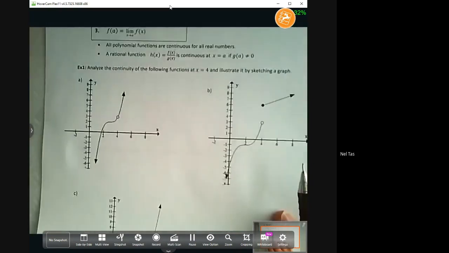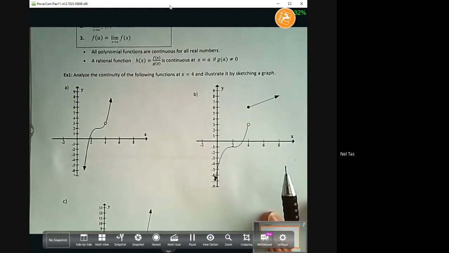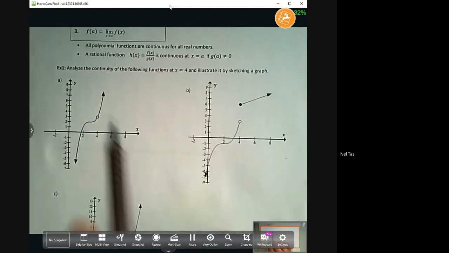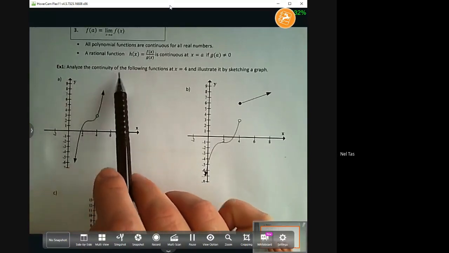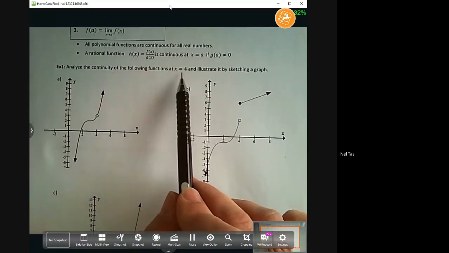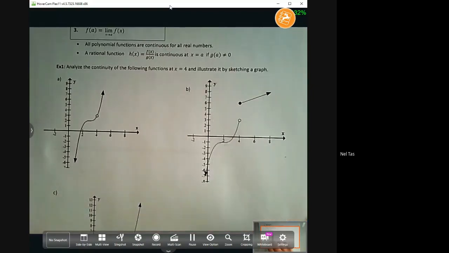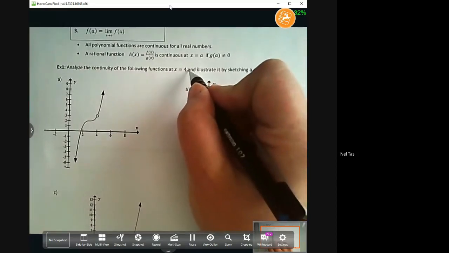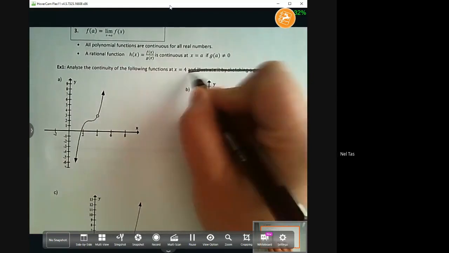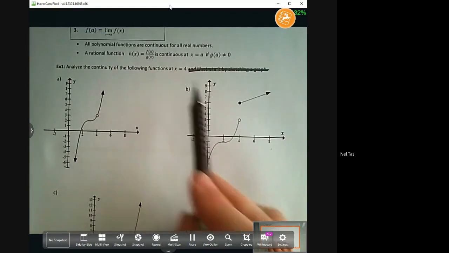So now we're going to do some analysis to check the continuity with an example. We have example 1. Analyze the continuity of the following functions at x equals 4. Number 1 already has a graph. So we're going to analyze the continuity at x equals 4.